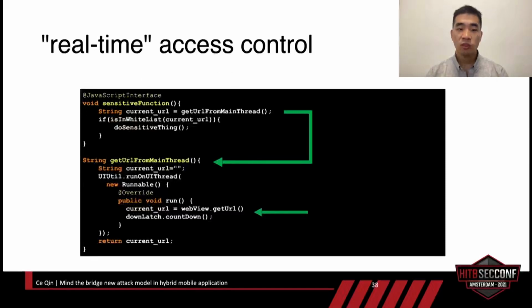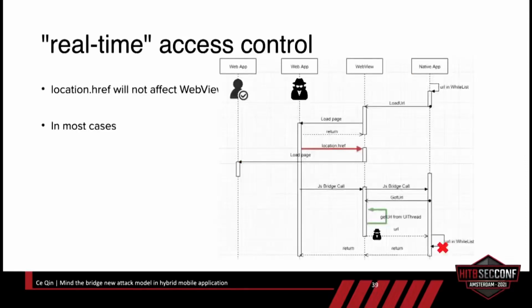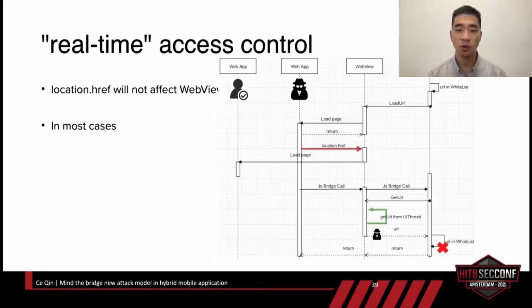We know that JavaScript interacts with the Java object on a private background thread of WebView, so this solution uses a runnable to maintain thread safety. With the help of real-time access control, the traditional time delay attack will not work, because webview.getUrl may not be affected by JavaScript code in most cases.